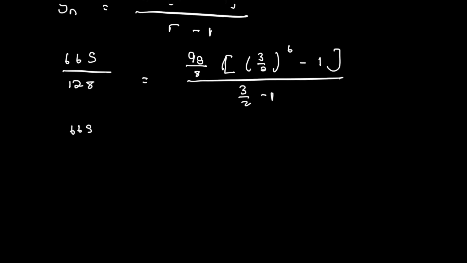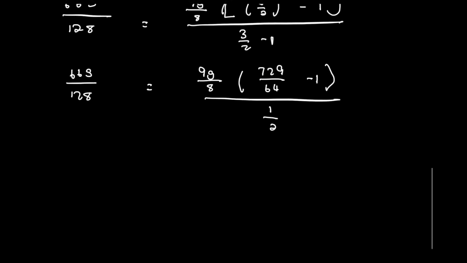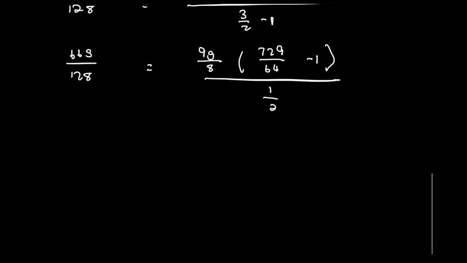So we have 665 over 128, which is going to be equal to 9G over 8. Now we can write a round bracket because we're simplifying further. So we have 729 over 64 minus 1, close bracket, over a half. Now we can simply deal with the 729 over 64 minus 1 and simplify that further to make it easier for yourself, because that's what mathematics is all about, to make things much simpler for us to actually find what we're looking for.